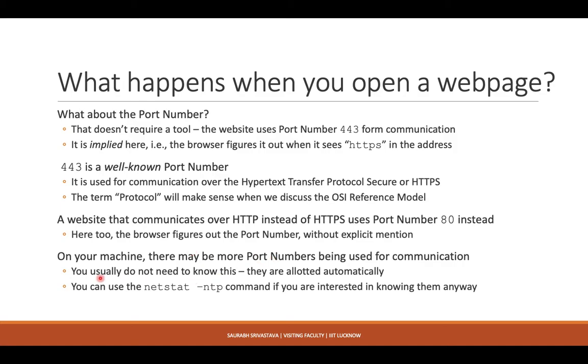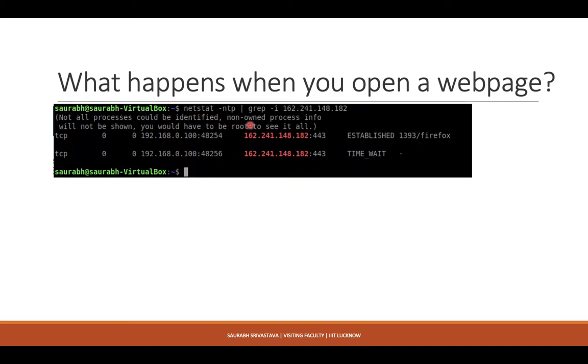By the way, on your machine there could be more than one port being used for communication with, let us say, IITL.ac.in's web page. You generally don't need to know this because they are allotted automatically. But still, if you want to check this out, there is a command called netstat. You can type netstat -ntp, and let us say I just want to know what are the port numbers being used to communicate with that particular web page.